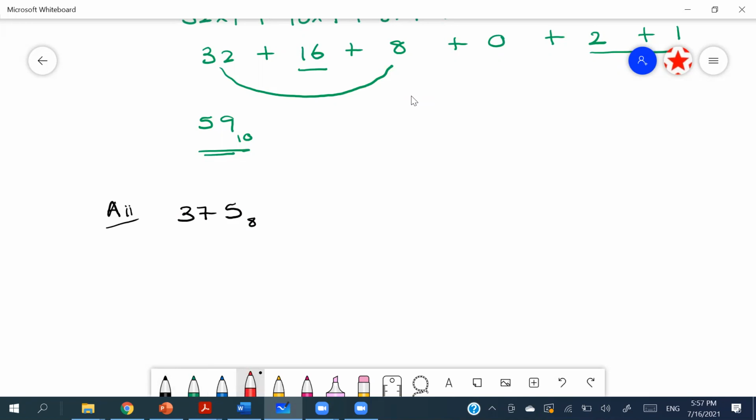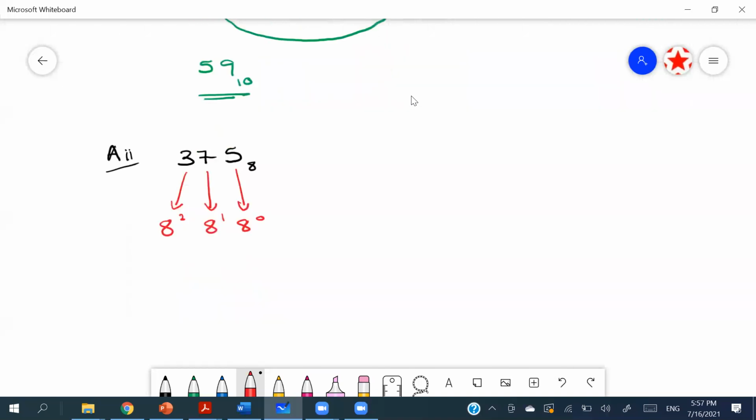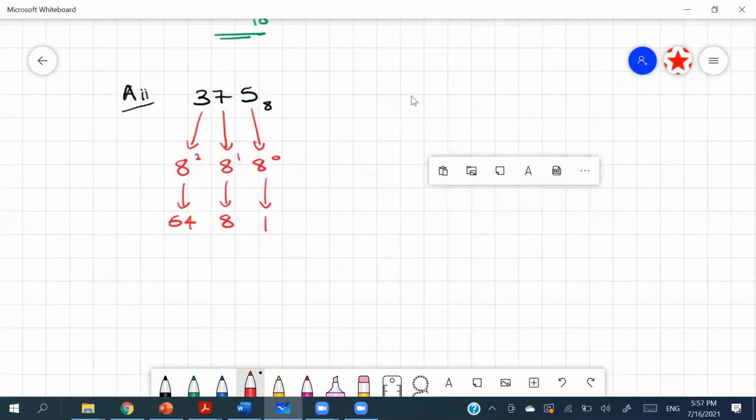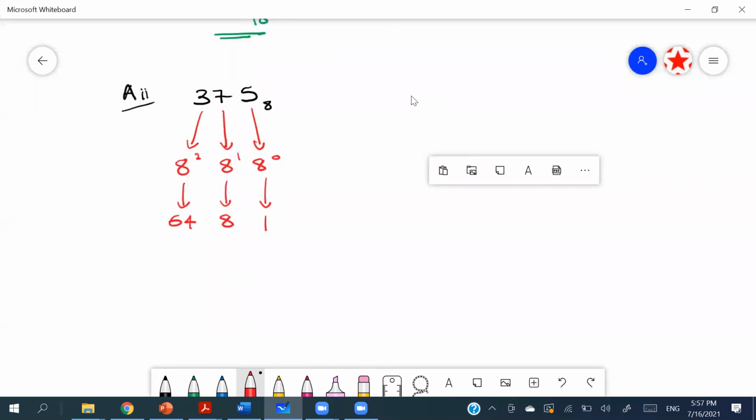So 375, the place values are going to be 8 to the power 0, 8 to the power 1, and 8 to the power 2. So this means 8 to the power 0 equals 1, 8 to the power 1 equals 8, 8 to the power 2 equals 64, right?